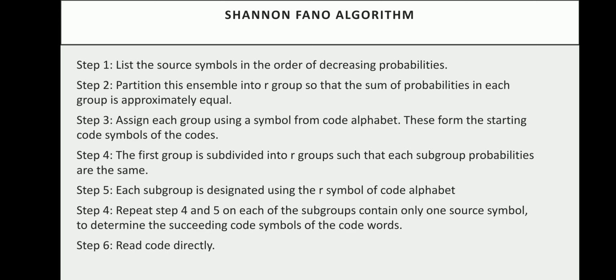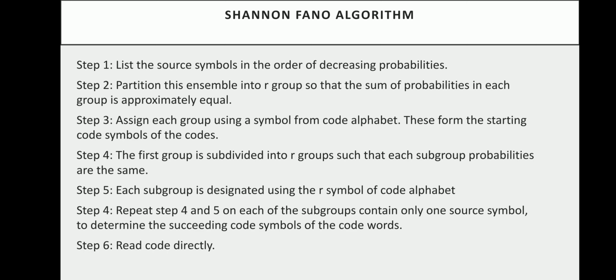So after first dividing the entire set of symbols into R groups, each group is again subdivided into R groups. The condition is that if we add the probabilities in the R subgroups, each subgroup has nearly the same probability.